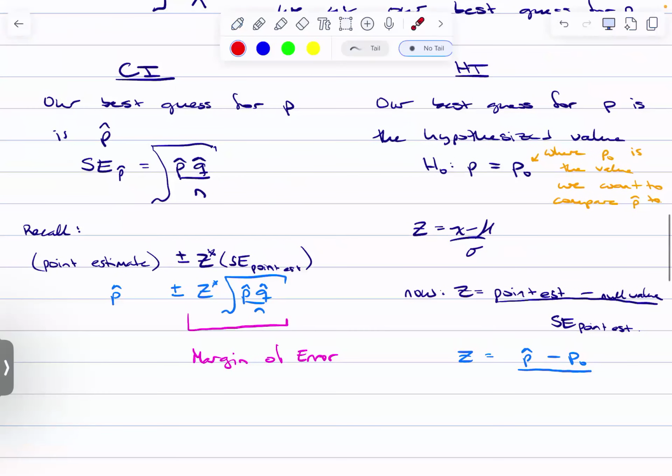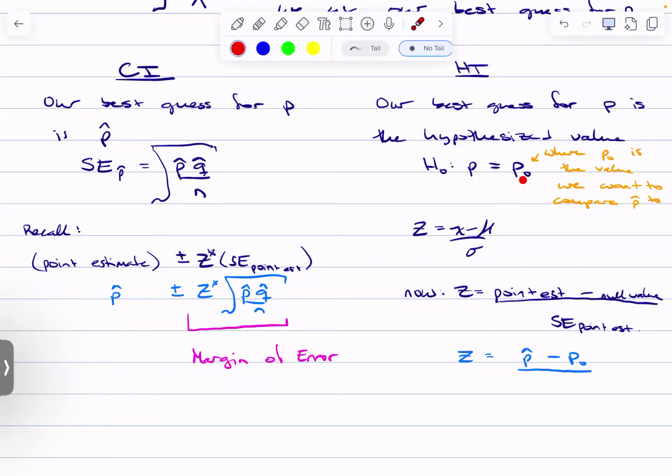But now that I have this hypothesized value, we're better off using it, because my hypothesis says that p is p naught, and so there's no reason to use p hat anymore. We assume that it is p naught until we have evidence against it.